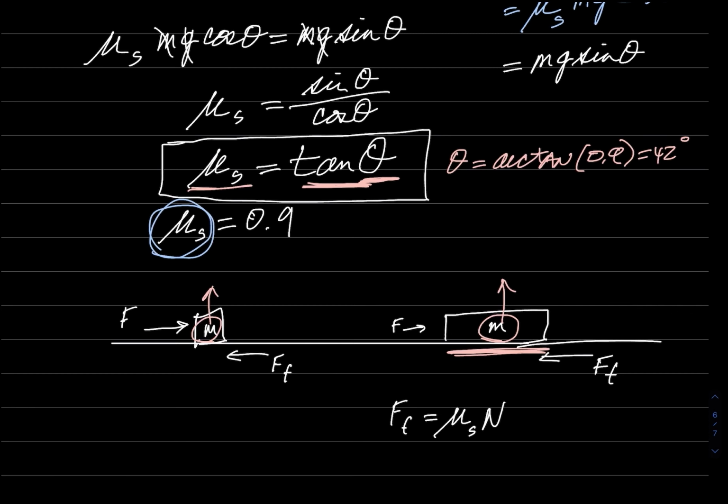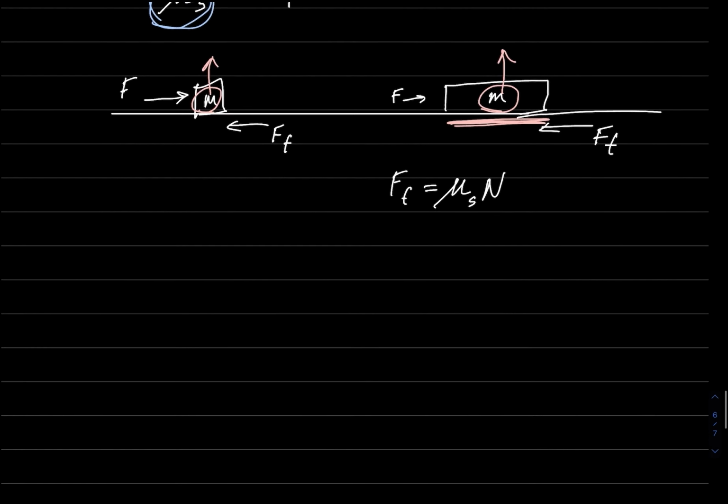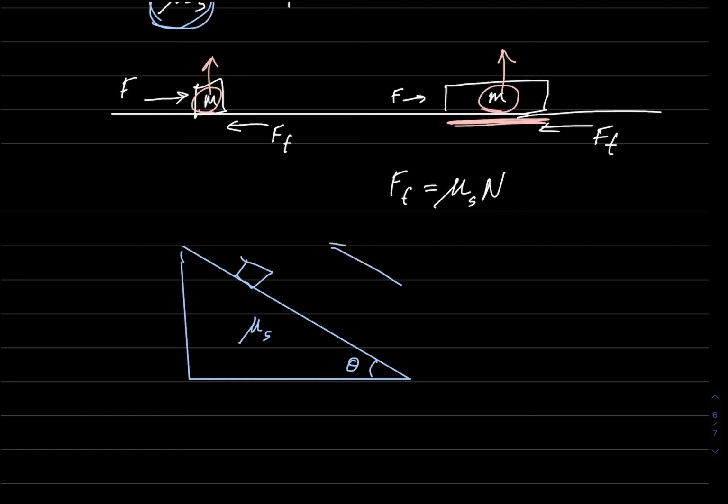Before we end this video, I think we should look at one more situation. Once again, we have our wedge, and we have a mass sitting on the wedge, and it's not moving. Here's our theta. The coefficient of static friction is mu sub s. And the question is, how strong of a force do we have to apply in the upward direction to the mass to get it to move? Well, let's see.